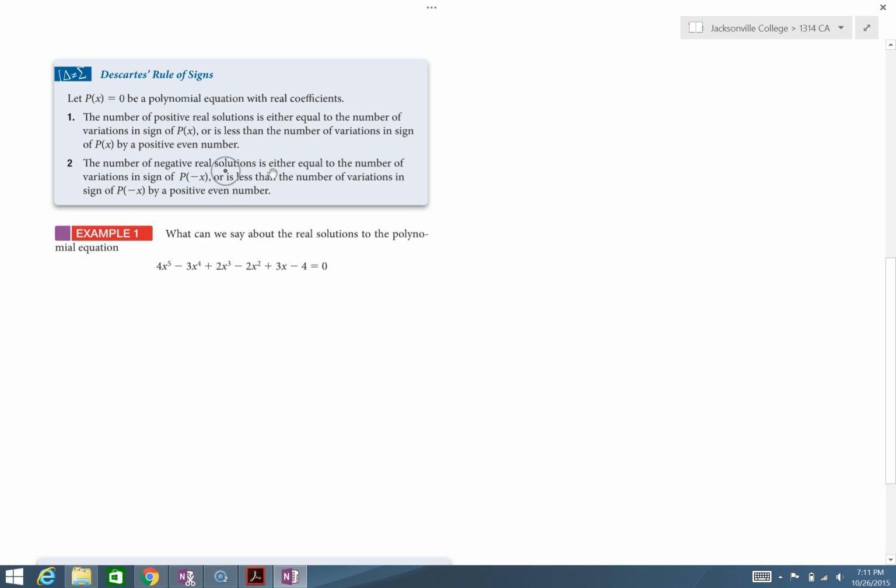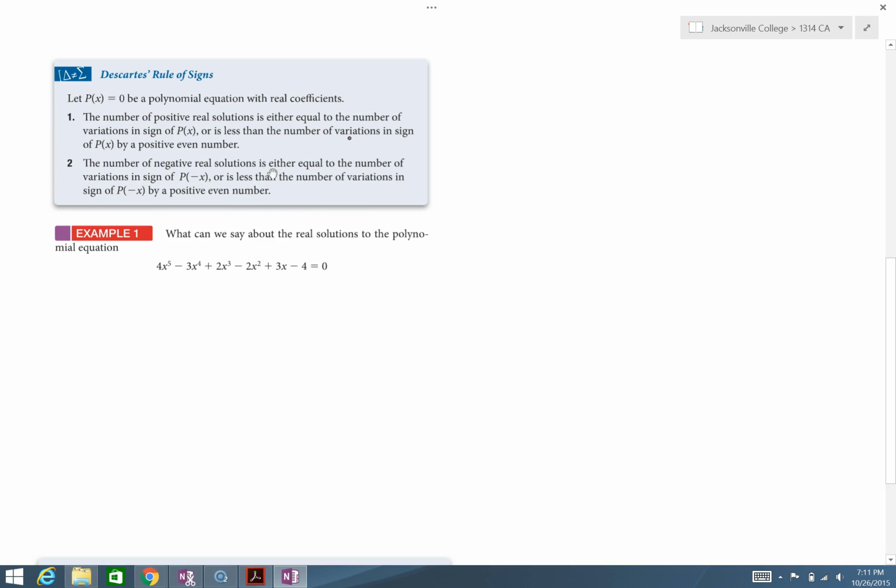The number of negative real solutions is either equal to the sign variations in p of negative x, or is less than the number of variations in the sign of p of negative x by a positive even number. All right, that's a mouthful. You'll need to include this entire statement in your notes.